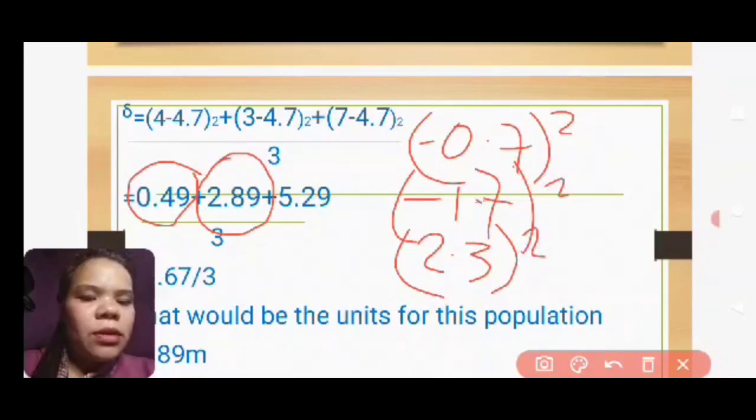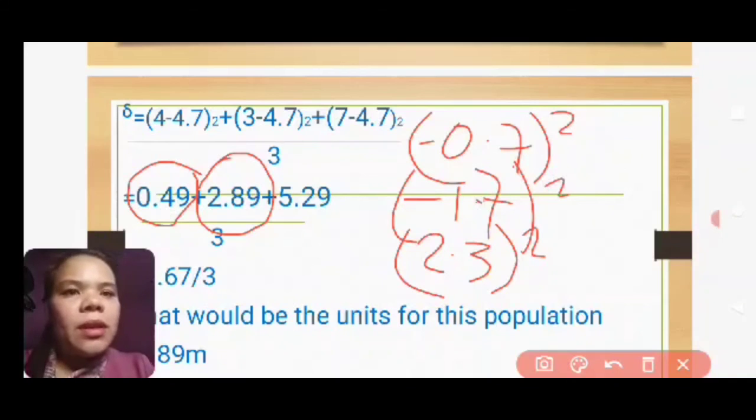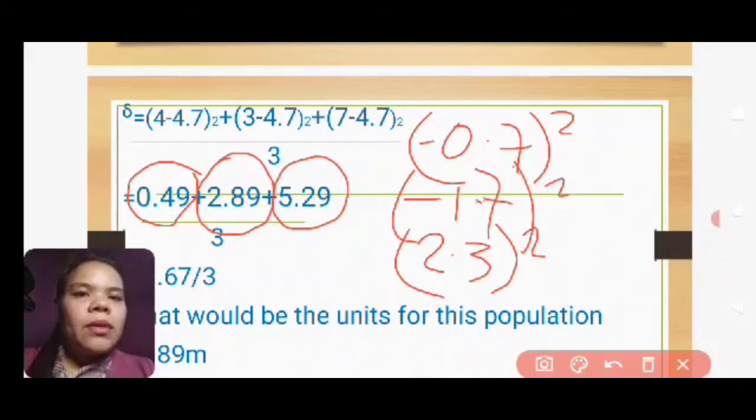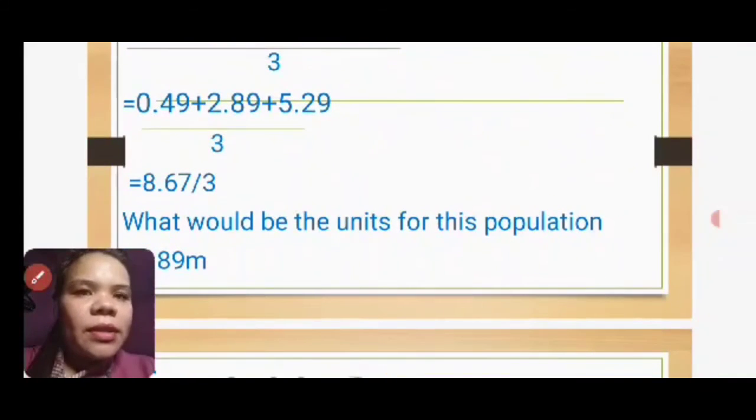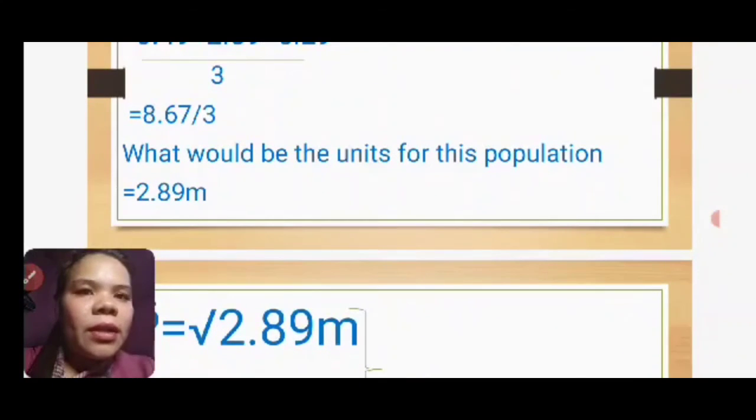So the answer is 5.29. So 0.49 plus 2.89 plus 5.29 is 8.67, divided by 3. So the answer is 2.89.